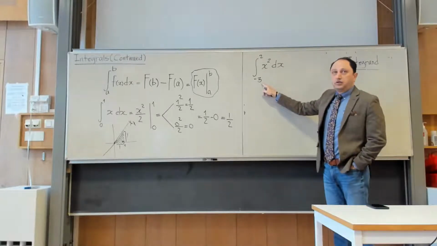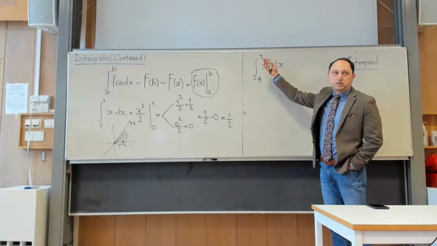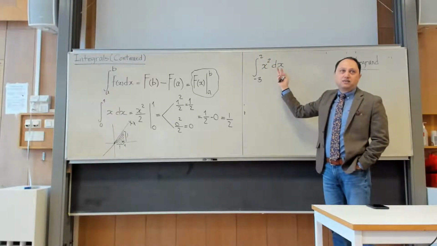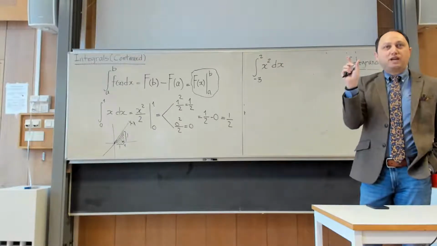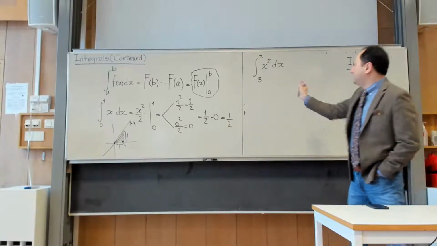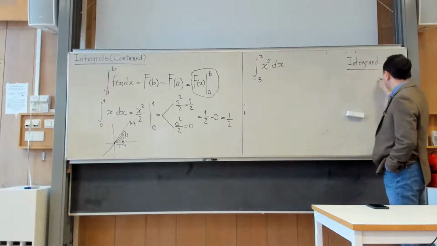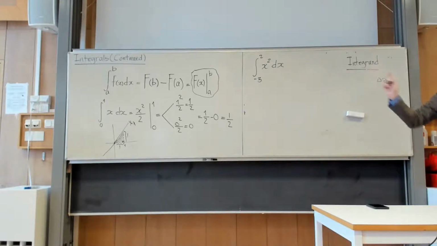This is called the lower limit. This is called the upper limit. Remember these names. If someone asks you what is the name of dx, you would say it's called the differential of x. But if someone asks you what that is, you would say this is the infinitesimal version of that delta x in the Riemann sum. That's it. You don't need more, but you have to write it all the time. I will give you another rule for dx.